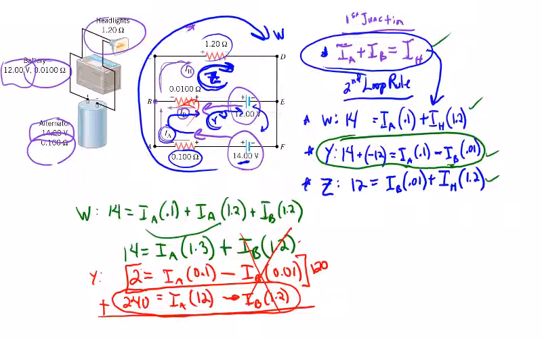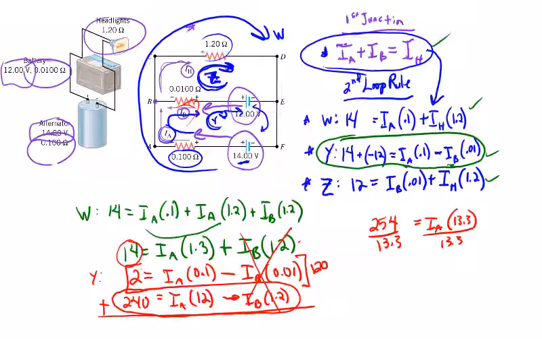Bye-bye IBs. I have IA 1.3 and 12, so that's going to basically be IA times 13.3. And that should equal, I've got 14 plus 240, so that's going to make this 254. Then I just divide by 13.3.